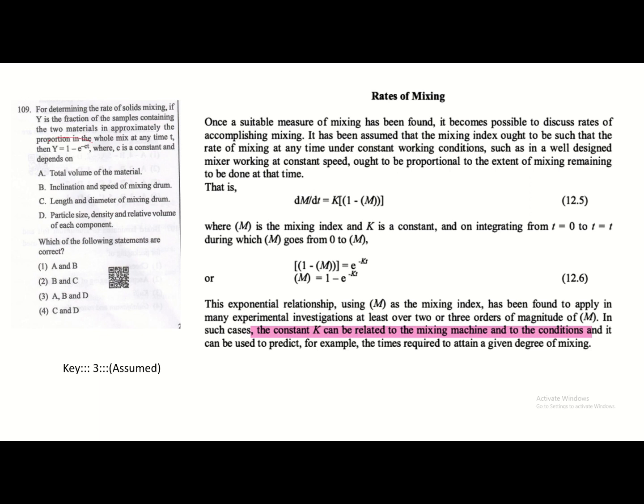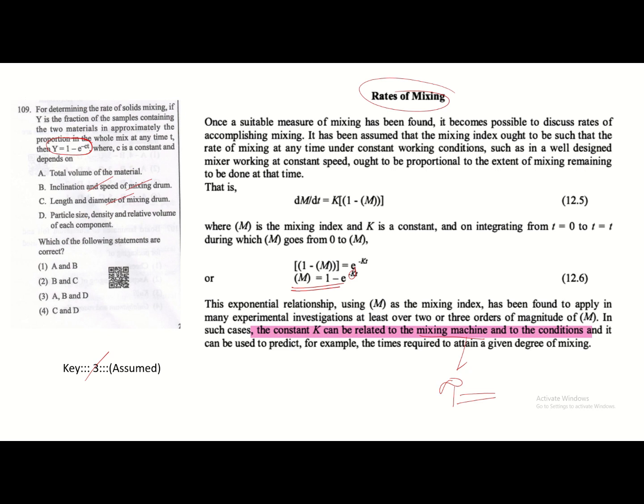Next one is a little complicated equation from mixing. This was also copied from what Samir madam shared with me. So this is the answer. The K depends on your mixing machine. That machine always has a drum, its speed and inclination, all these things. The correct answer is 3: total inclination, speed, length, diameter and particle size, because it will mix the particles.